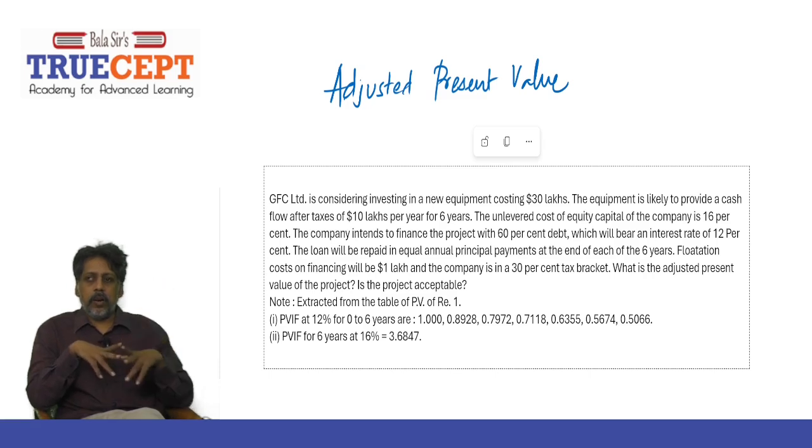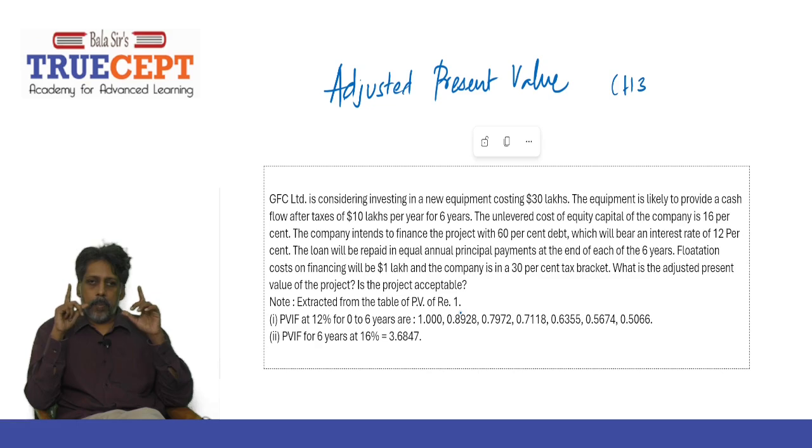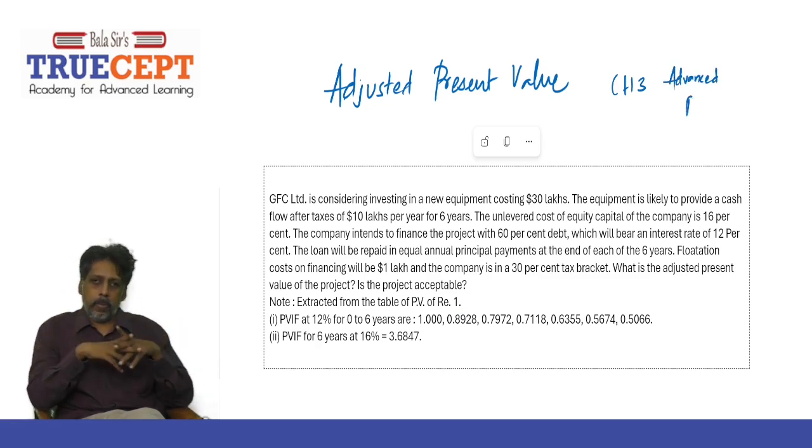And in case you wonder which chapter in your study mat has this concept, you should refer to chapter number 3 on advanced capital budgeting. Your study mat has given just one small paragraph on adjusted present value.